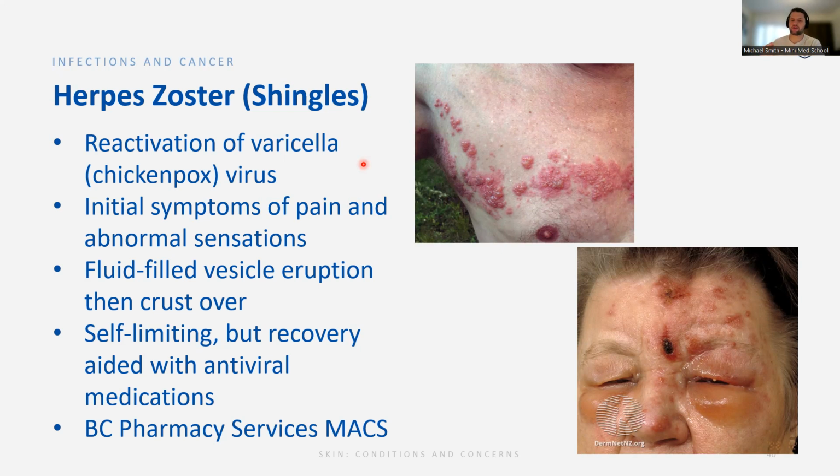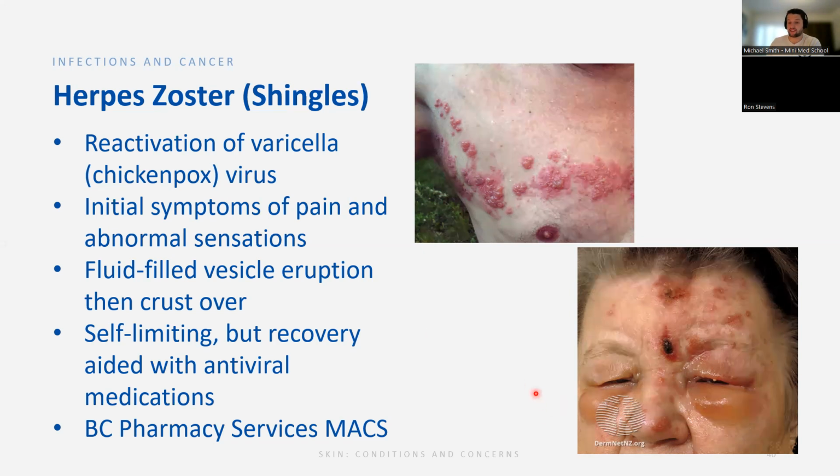And that tends to occur in older age or in times of stress or immunosuppression of our bodies, say when we're being treated for cancer or taking certain kinds of steroids. There is an identifiable prodrome of symptoms where the patients can experience pain and abnormal sensations in their body, followed by an eruption of these fluid-filled vesicles. It could be over the face or the upper body, typically on one side, that can burst and then crust over.